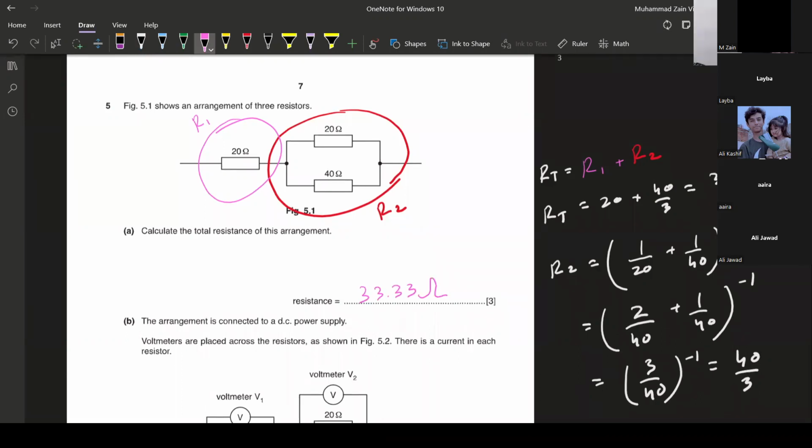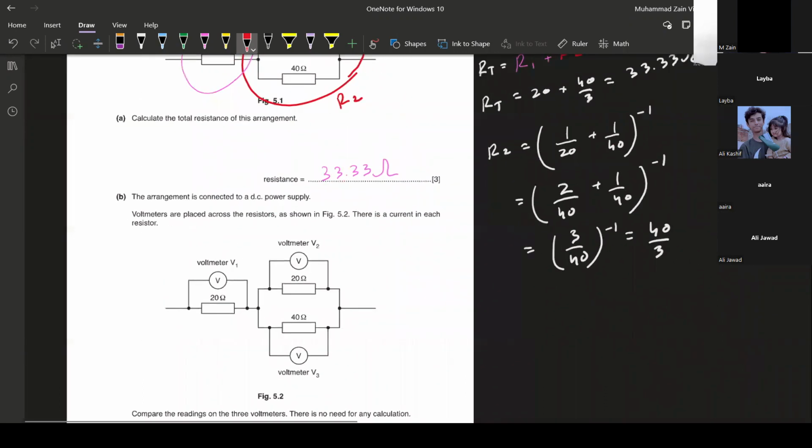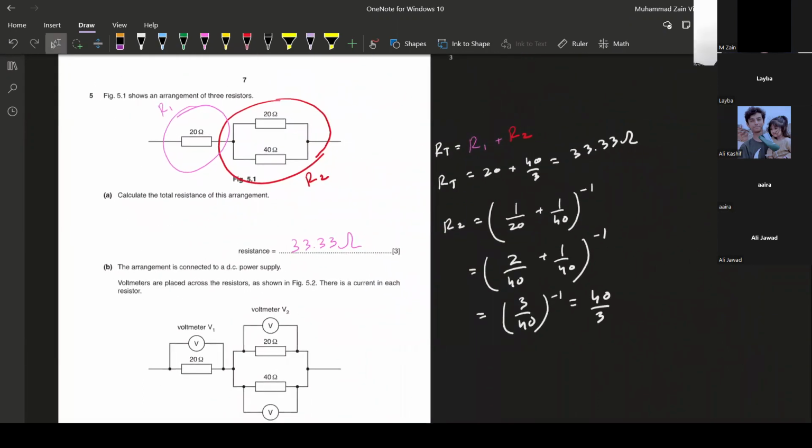And obviously, when you're answering CIE questions, you don't need to write the answer in four significant figures. I just did it right now, but you're not supposed to do this. Two significant figures would be enough, but I would suggest writing the answer in three significant figures, which would be very sufficient. So 33.3 ohms would be fine. So this would be the total resistance of the resistors in this arrangement.